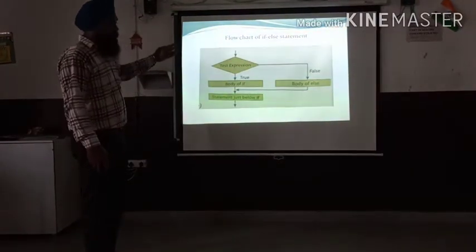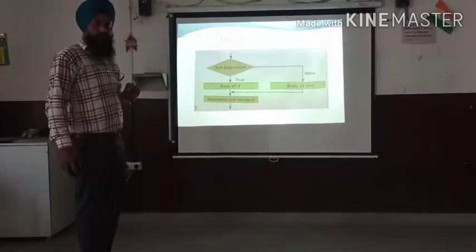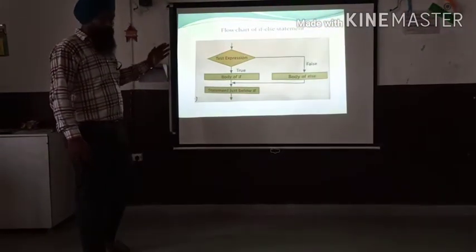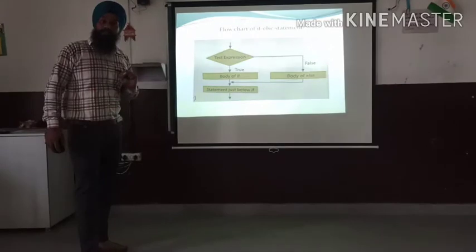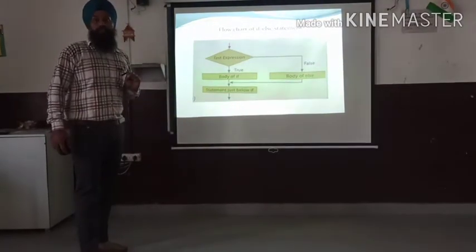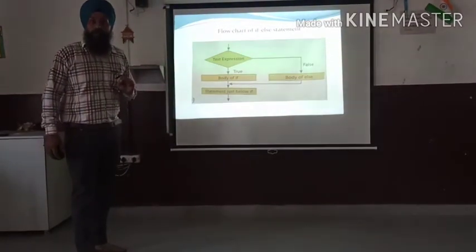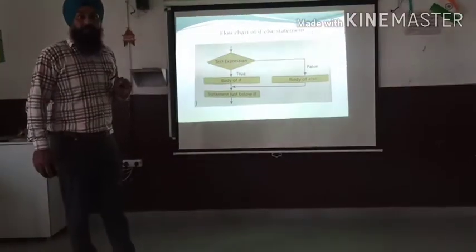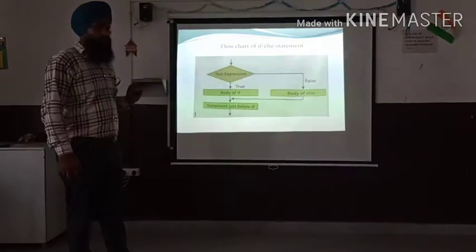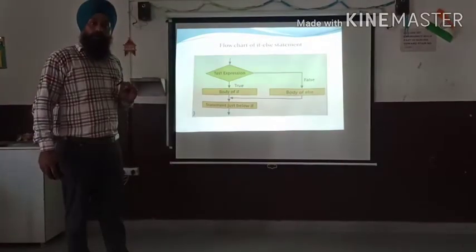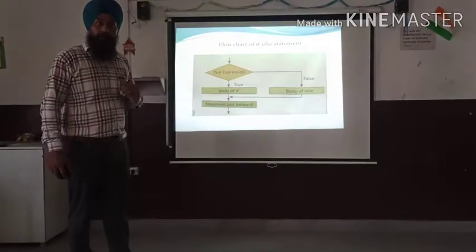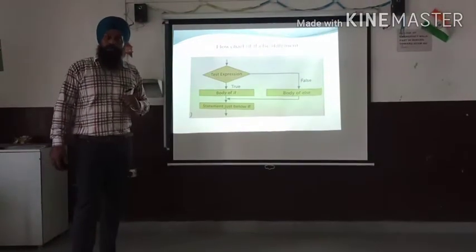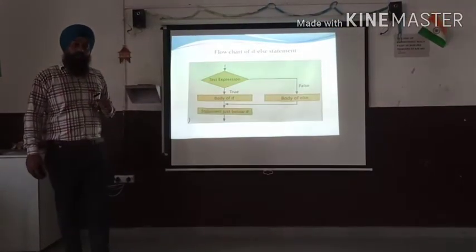Now, here is the flowchart of the if-else statement. What is a flowchart? A flowchart is the pictorial representation of a process or task. So, it is very easy to understand how our program will run step by step. In a flowchart, we use some kinds of symbols.